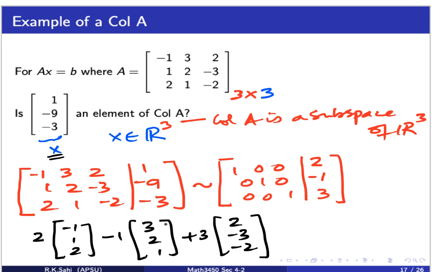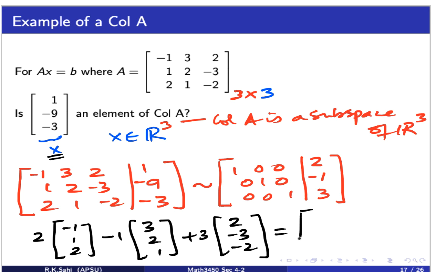Now remember, if this is an element of the column space of A, that means this can be written as a linear combination of these 3 columns of A. And we can do that by applying the row reduction algorithm, those elementary operations. If we can write this matrix A as an identity matrix and we get some values in the very last column, then automatically we know the values by which it is going to be equal to this. So let's check it also.